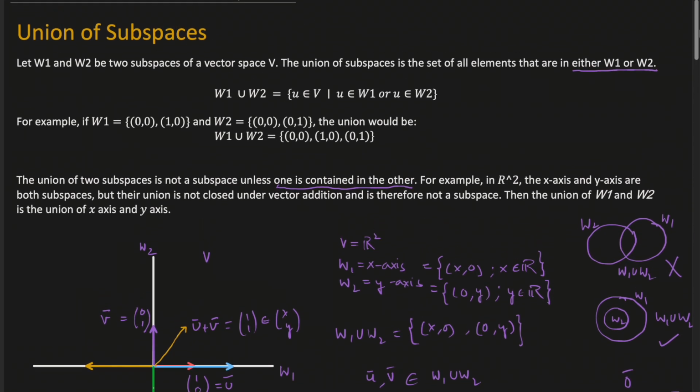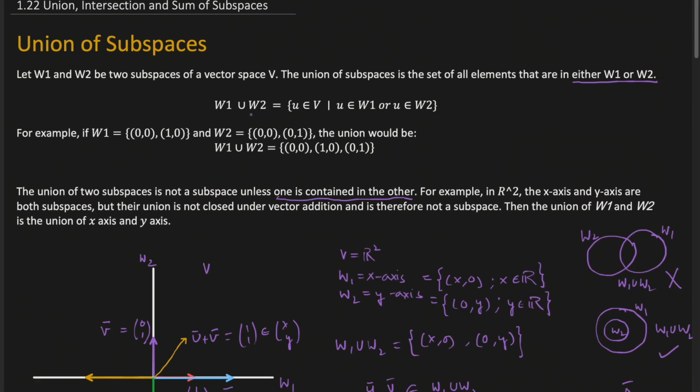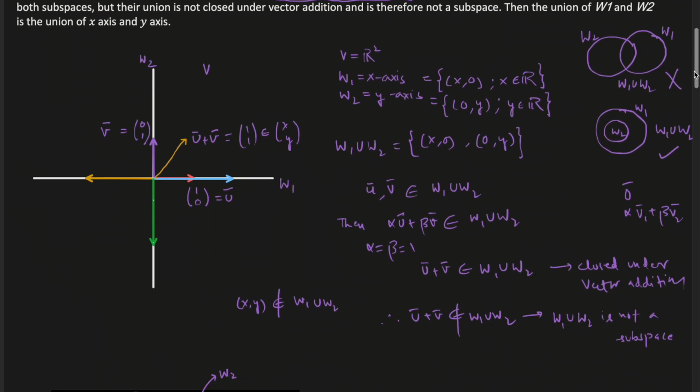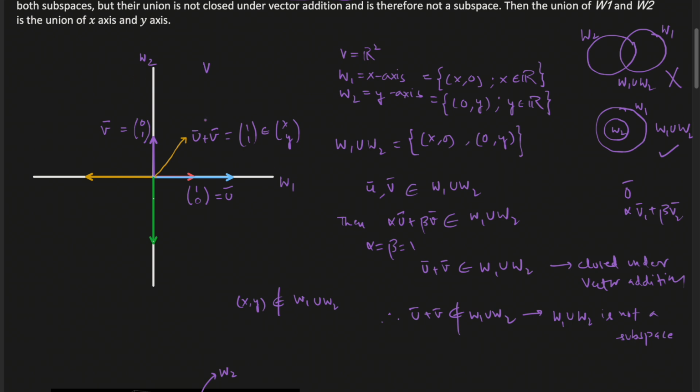So that's why this is the condition. If you need to check whether the union of two subspaces is a valid subspace or not, you only need to check whether one of the subspaces is contained by the other, or basically if one subspace is a subset of the other. In the first example, W1 and W2, none of them is a subset of the other, right?